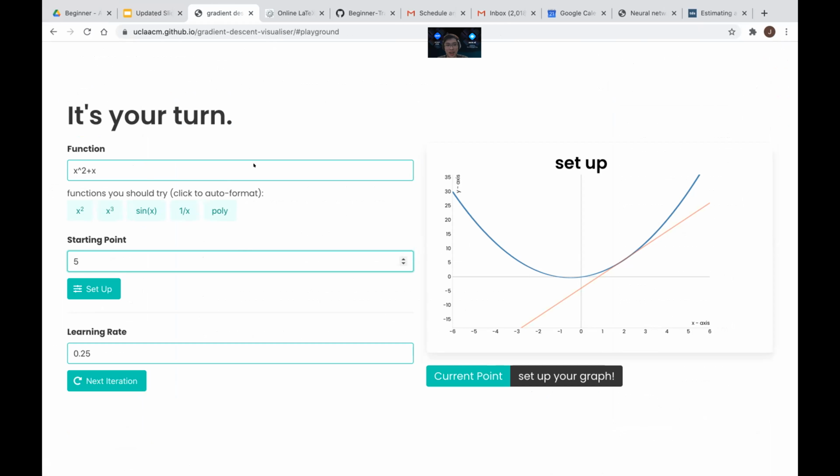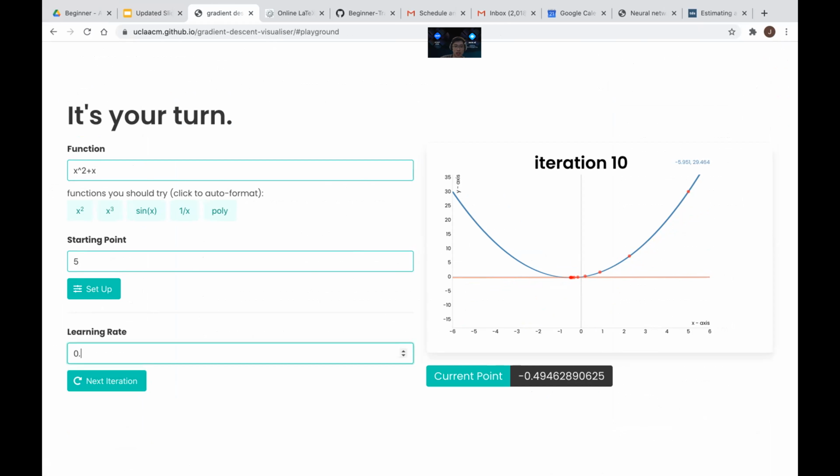We're picking our loss function as x squared plus x, which is this parabola. Our starting point is at x equals 5, and we're going to use 0.25 as our learning rate. As you can see, it takes about 10 iterations for us to reach our minimum.